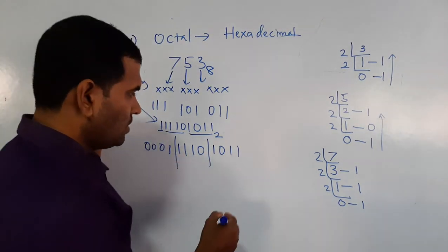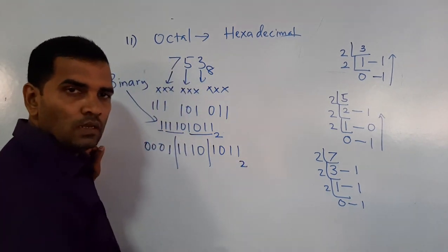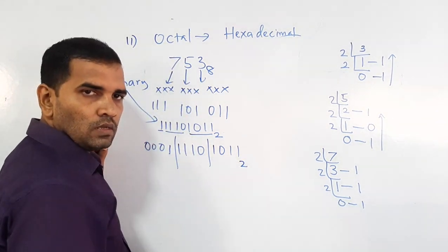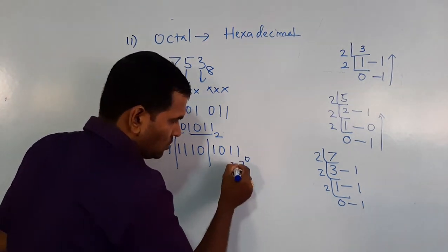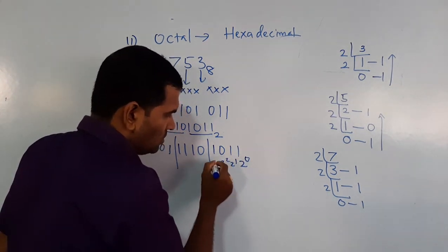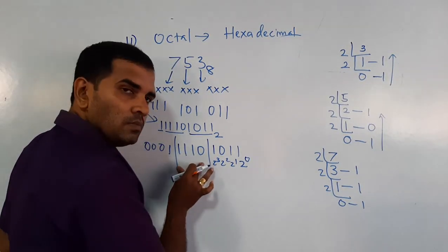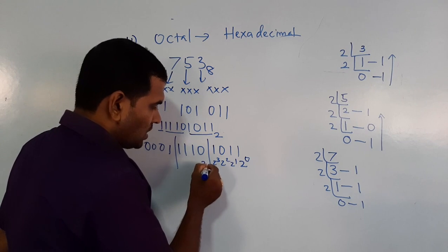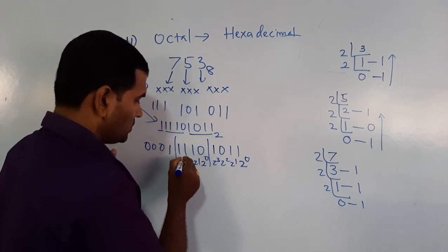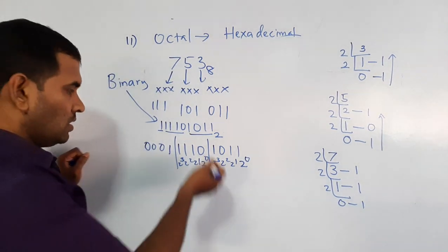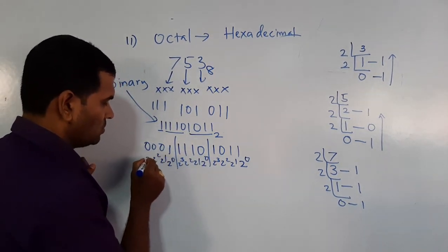So how to find them? We must write each and every digit in its position, right? So it is 2 to the power 0, 2 to the power 1, 2 to the power 2, 2 to the power 3. Since it's another number, you must start again: 2 to the power 0, 2 to the power 1, 2 to the power 2, 2 to the power 3. It's another number, so again 2 to the power 0, 2 to the power 1, 2 to the power 2, 2 to the power 3.